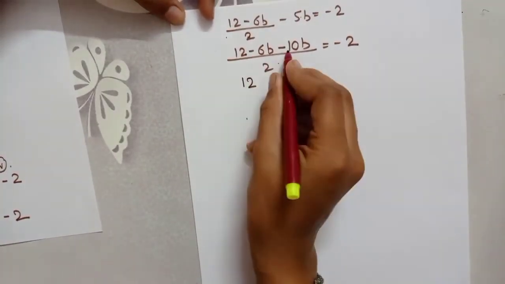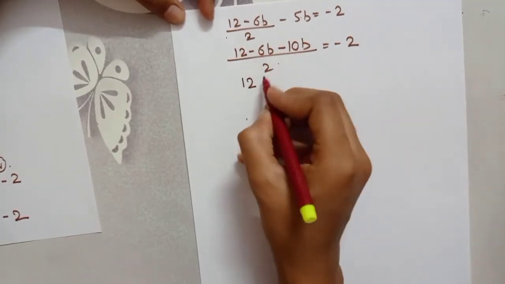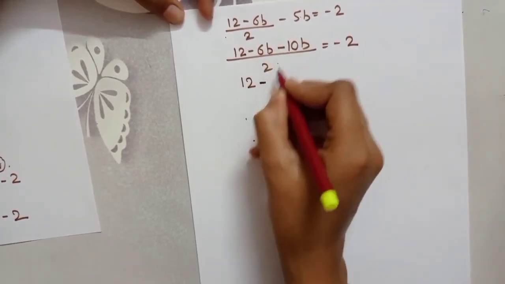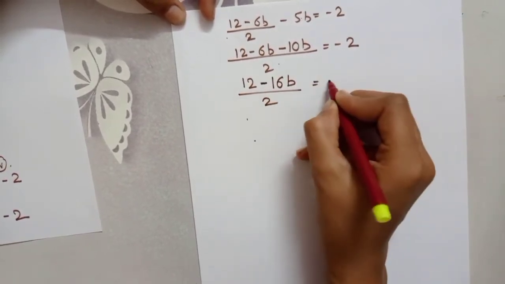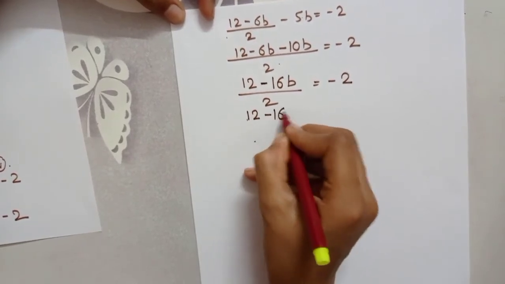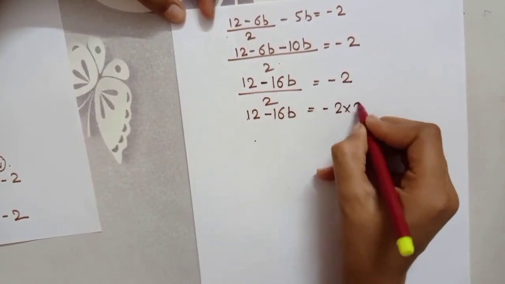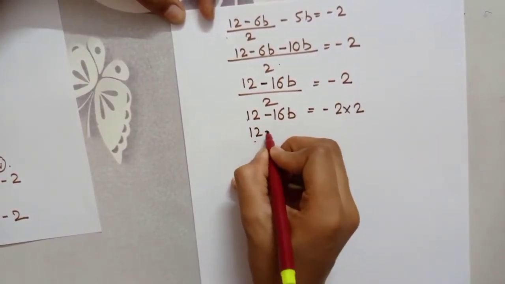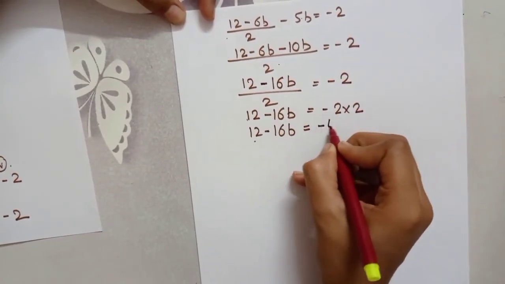12 minus, minus, here we have to add these two terms and the common sign is minus. 6 plus 10, that is 16b by 2, is equal to minus 2. That is 12 minus 16b is equal to minus 2 into 2, so 12 minus 16b is equal to minus 4.